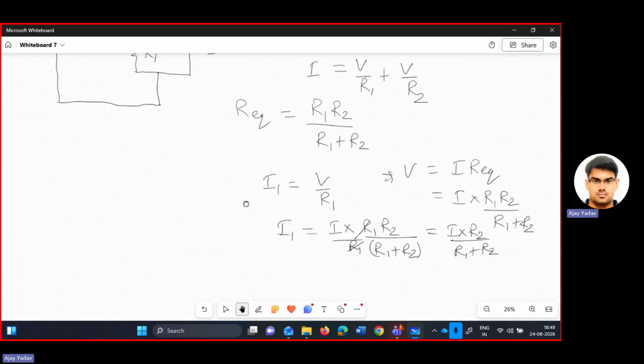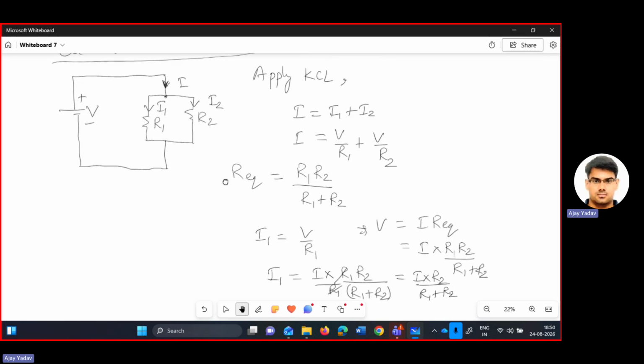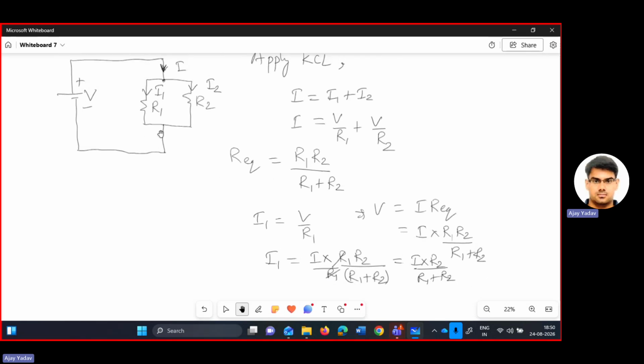Similarly, from here you can say that when you have two resistances in parallel, if you know the source current, then you can calculate the current in the individual branches. So the current in the branch where you have resistor R1, I1, is the source current into the resistance of the opposite branch divided by the sum of the resistances.